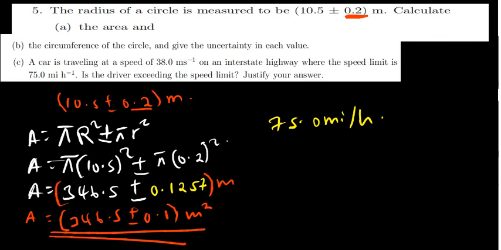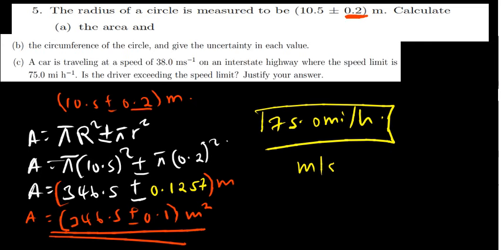They want you to convert this into meters per second. If it exceeds 38, then the car was exceeding the speed limit. Do you know how to convert from miles per hour to meters per second?